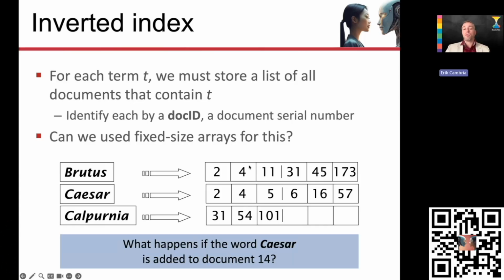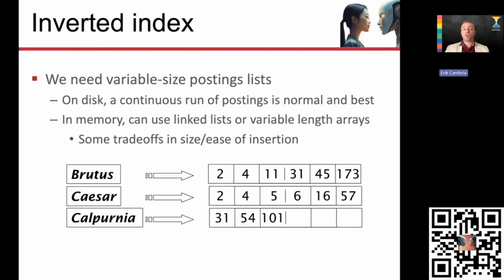Then I will have to add it in the right place. I cannot just append it at the end. If suddenly the word Caesar appears in document 14, I will have to add it between 6 and 16, because of how the inverted index works. Why? Because then we have to do operations like the merge operation to find commonalities between these indexes.